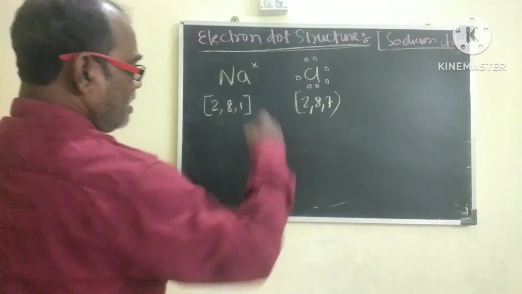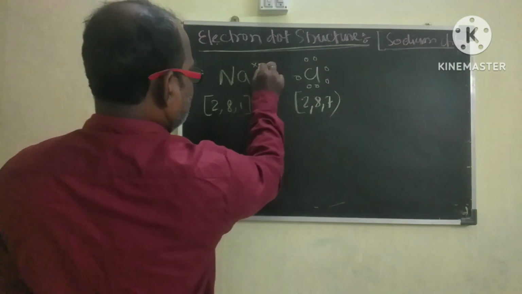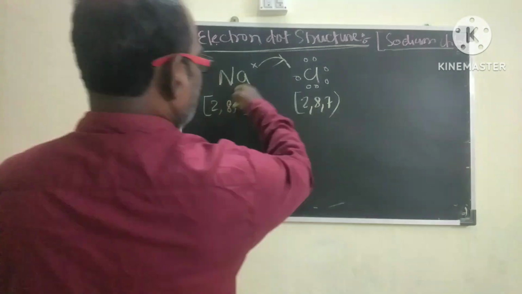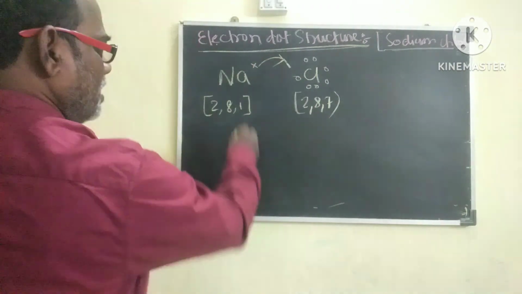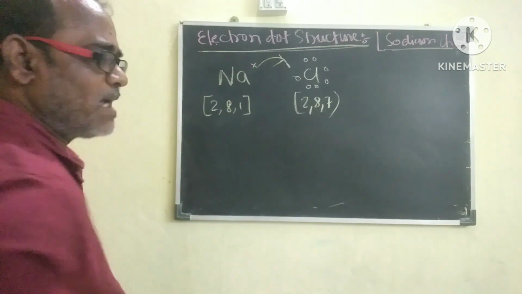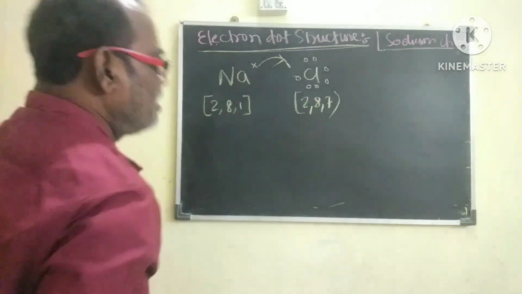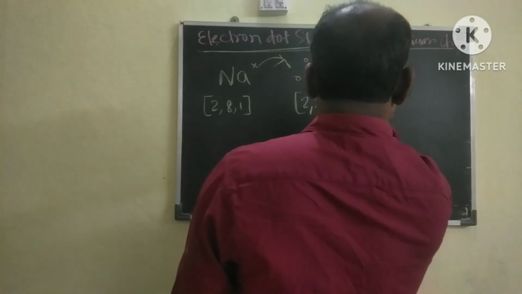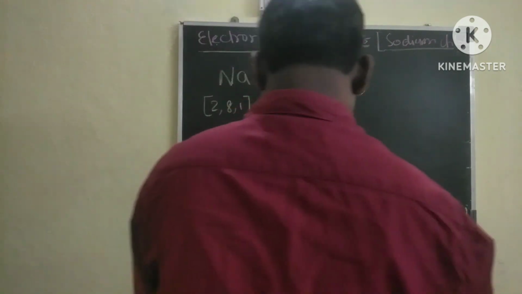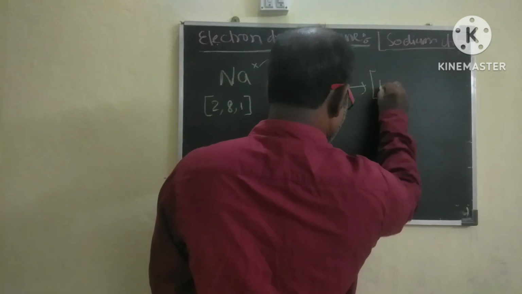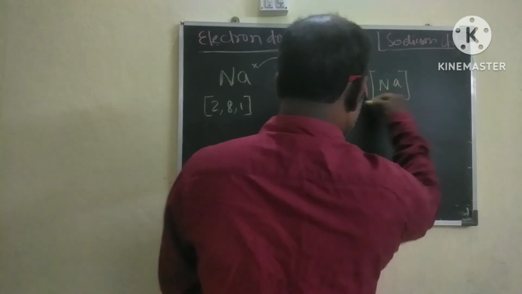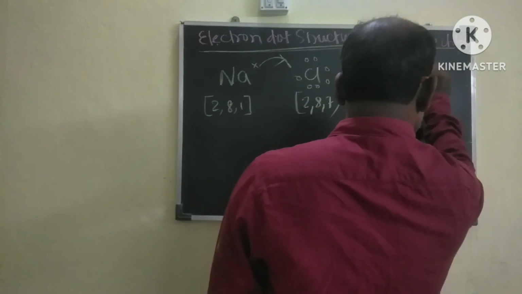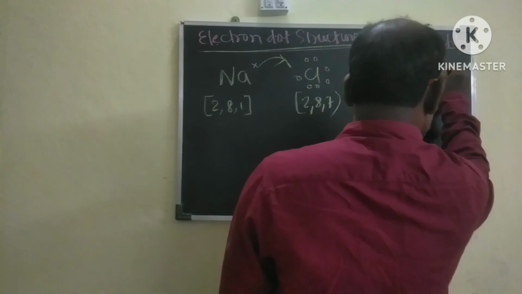Now what happens is this electron gets transferred here, and once this gets transferred, there is no more electron on sodium, then sodium has attained its nearest noble gas electronic configuration. So finally we show no electron here, then we get Na plus and Cl.